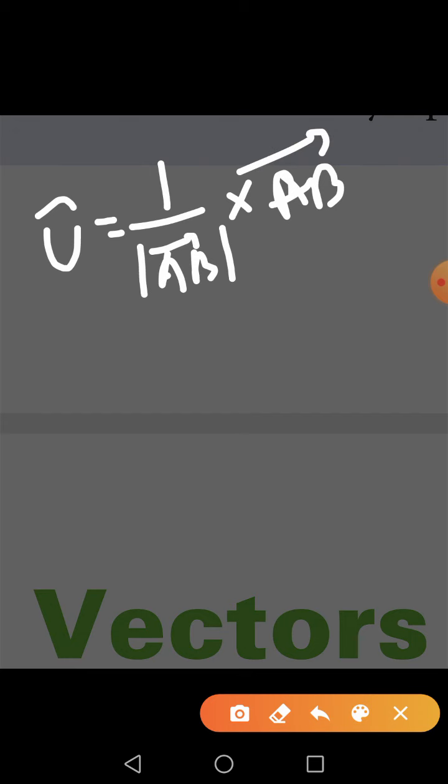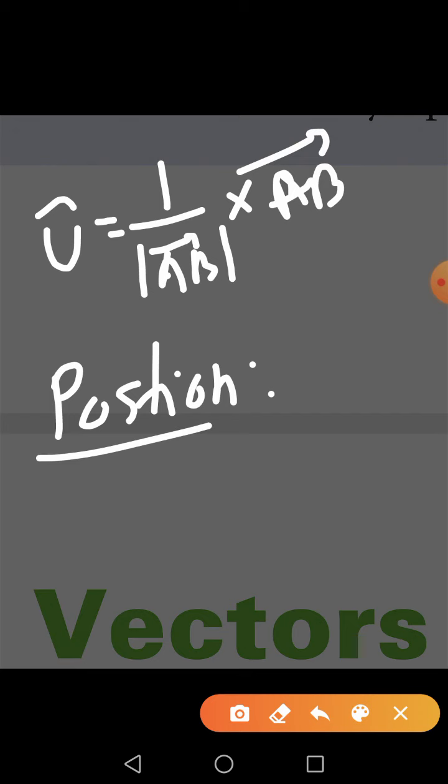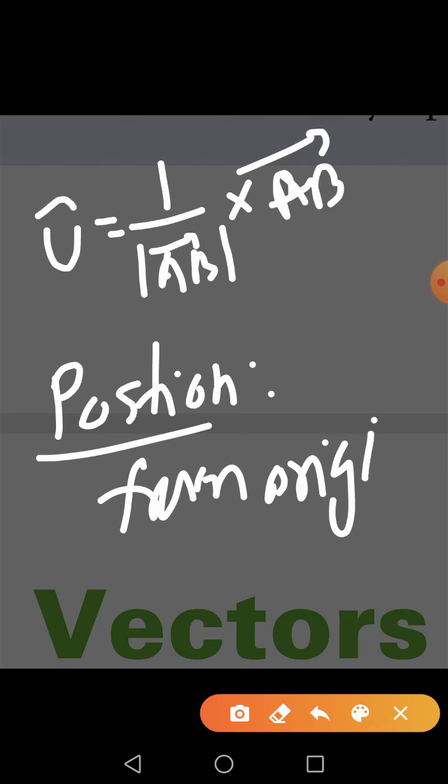Okay. Now tell me the meaning of position vector. The meaning of position vector is the vector that expresses the position of a point from where? From the origin. Okay, from the origin. Now let's see how to find the vector equation of a line. Okay, and what was the definition of vector equation of a line?